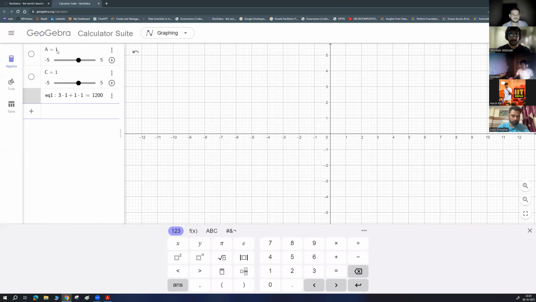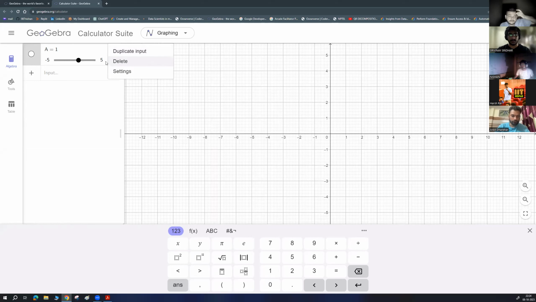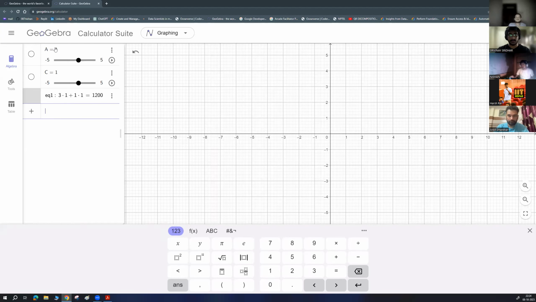So you have 3A plus 1C equals 1200. This was our first equation. Second one was 1A plus 2C equals 1000. Use small case, I guess.